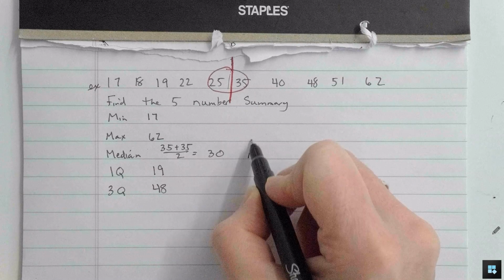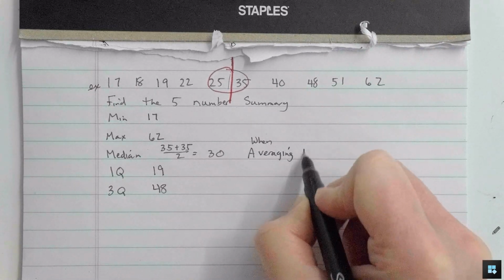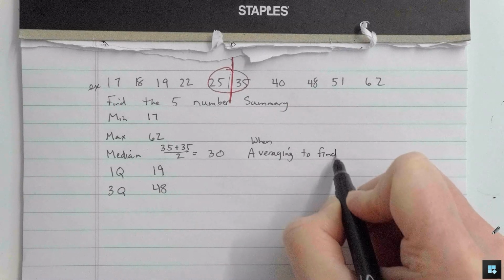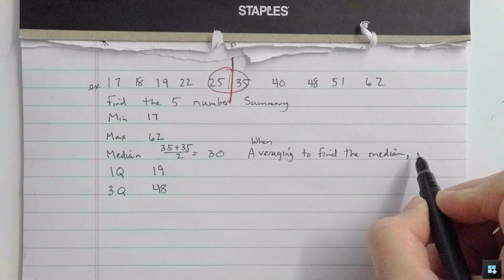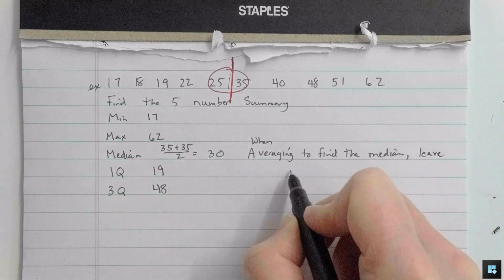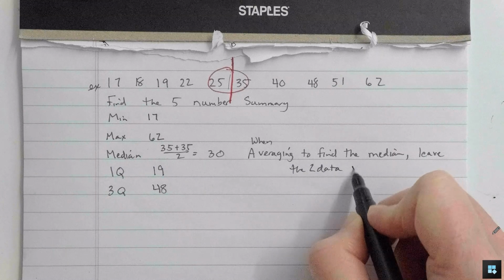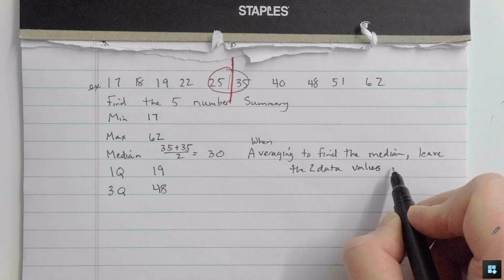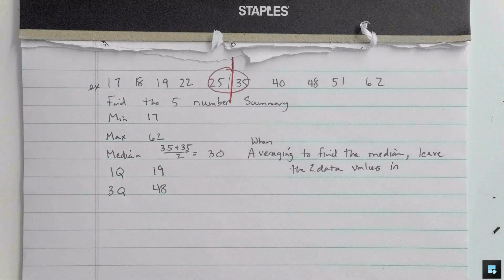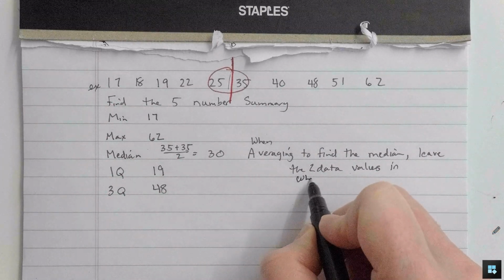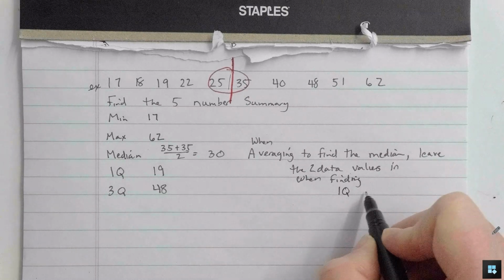When averaging to find the median, leave the two data values in when finding the first quartile and the third quartile.